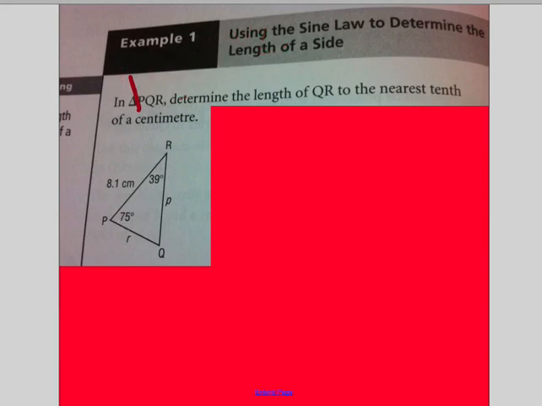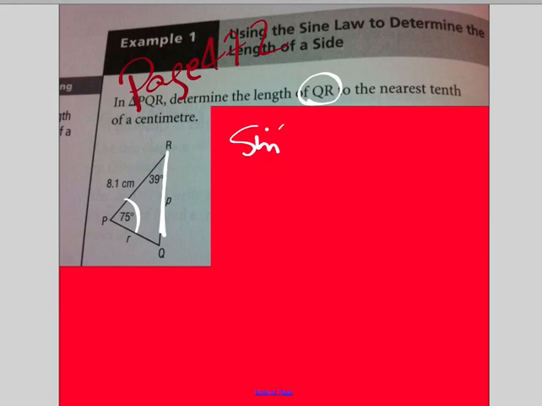Well, I have to set up a sine ratio. They're asking me to find the length of QR. Q to R is this length right here. So I have to figure out what's opposite of that. Well, that is opposite of that. So I'm going to set up sine of 75 over P equals, and the only other opposite partner I have here is this one and this one.